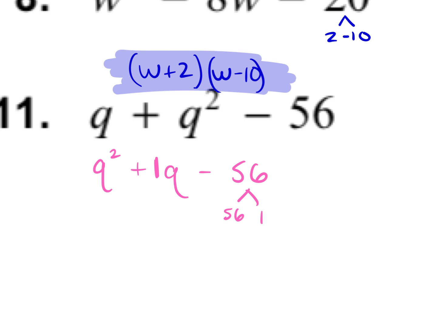So it has to multiply to negative 56 but add to 1. Eight and 7. Which one's negative? 7 would be negative. Remember, the bigger number keeps the sign in the middle, so bigger number would be 8. It's positive. So what goes into our parentheses? Q plus 8 and Q minus 7.